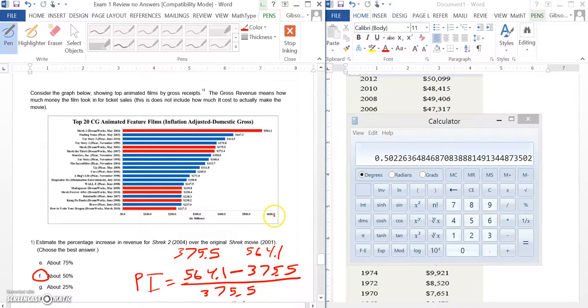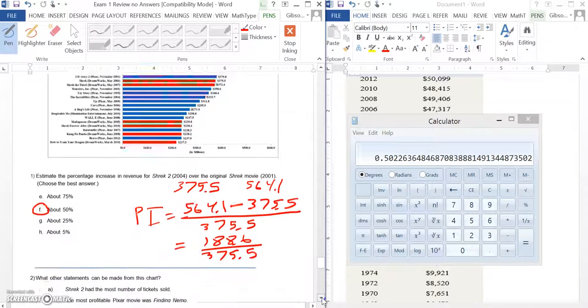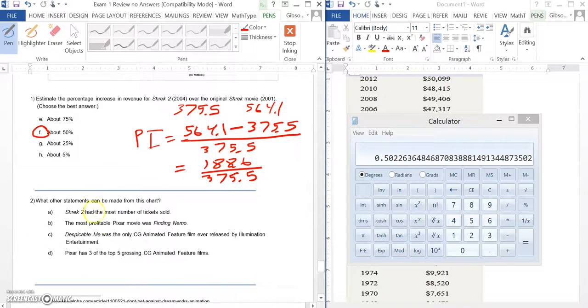Let's see. It shows here that we have Pixar, we have DreamWorks, and 3 of the top 5 are Pixar. So basically, the best answer from this would be D. Pixar has 3 of the top 5 grossing computer-generated animated feature films. And that is it.